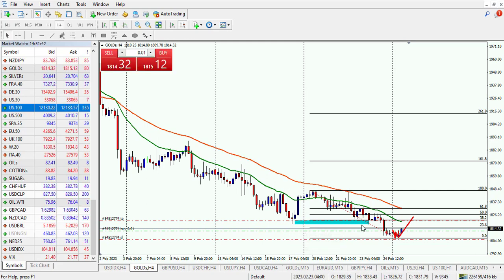So we're expecting a retracement to the upside, and that is what gold is doing right now.